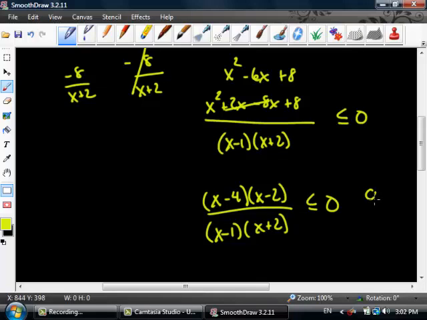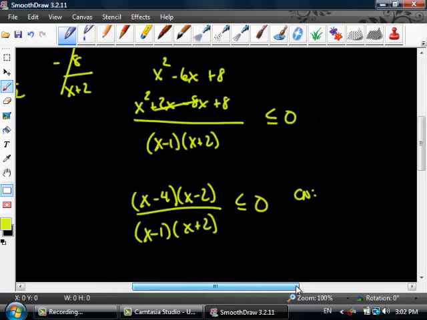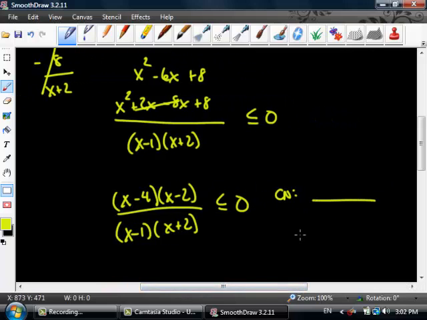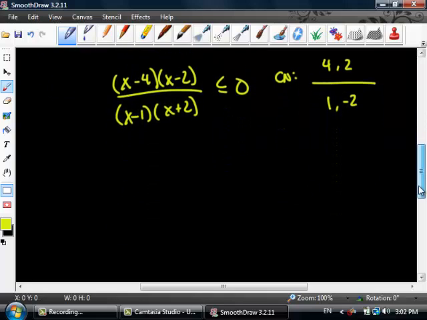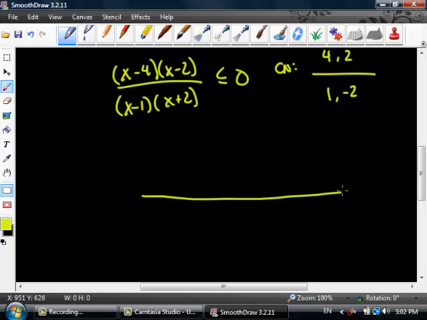And we got a 0, so we go straight for critical numbers. Critical numbers up top are going to be 4 and 2. Critical numbers on bottom are going to be 1 and negative 2. Into the sign chart they go. Negative 2, 1, 2, 4.